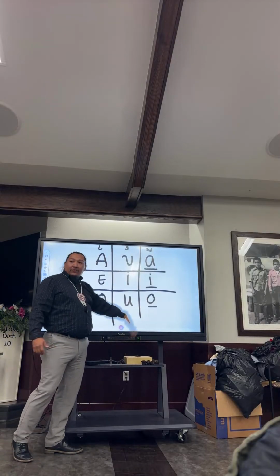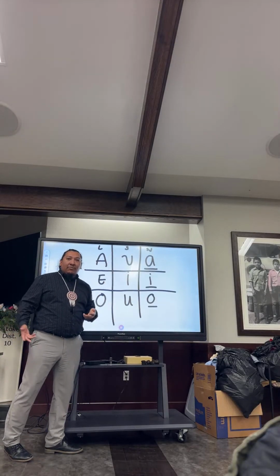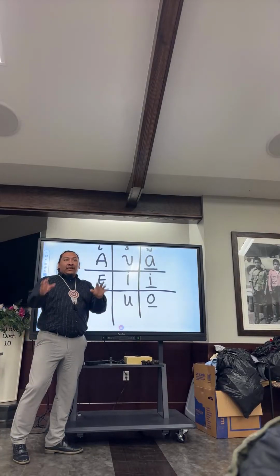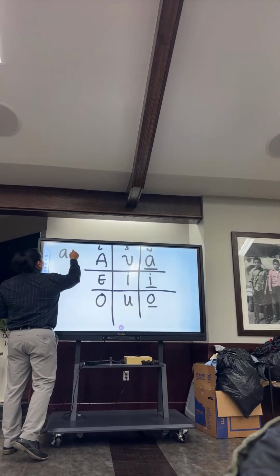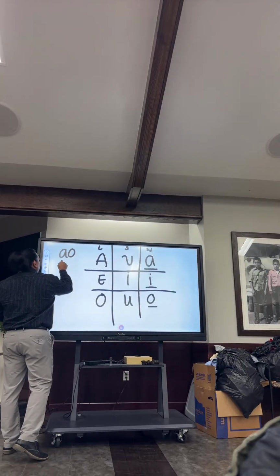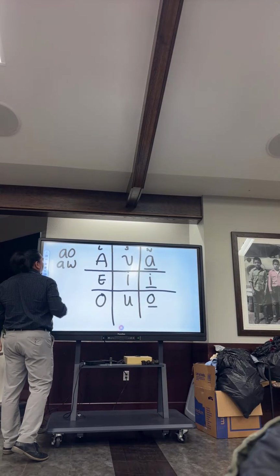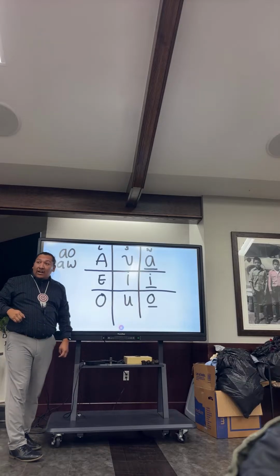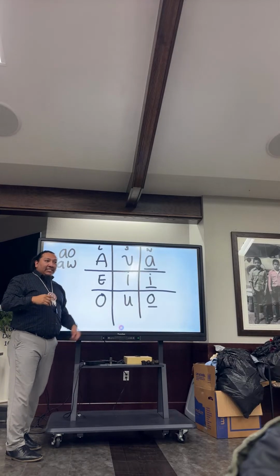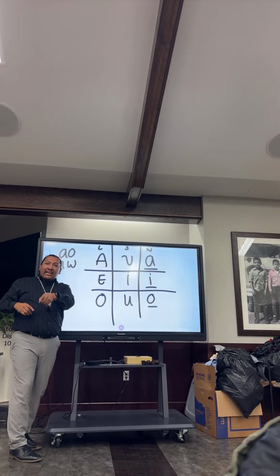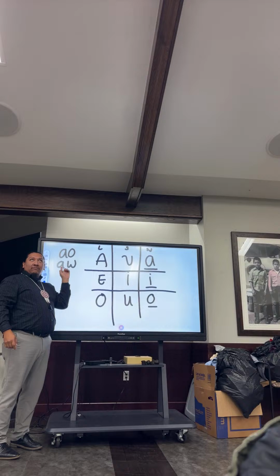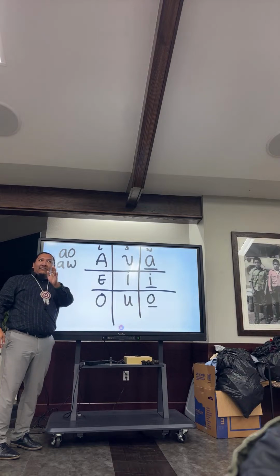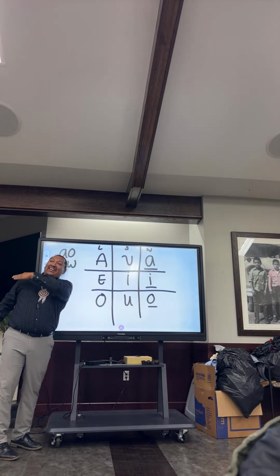These are the main ones. Of course, you got your diphthongs. You got the ones that are like AO, which actually sounds like AW. Like when we say Taloa, you could spell it TALOA, or you can spell it TALOWA.